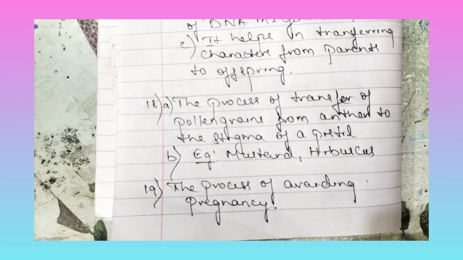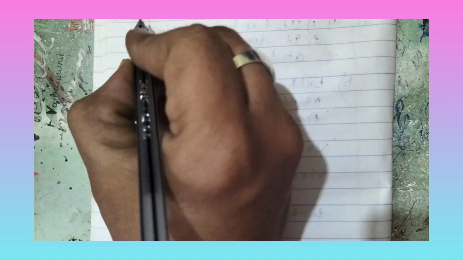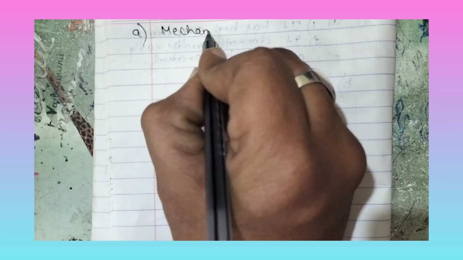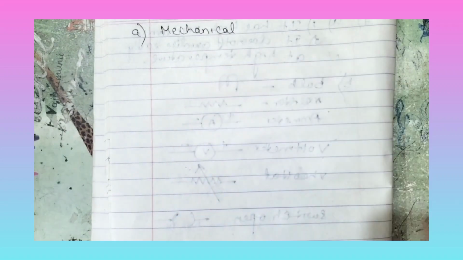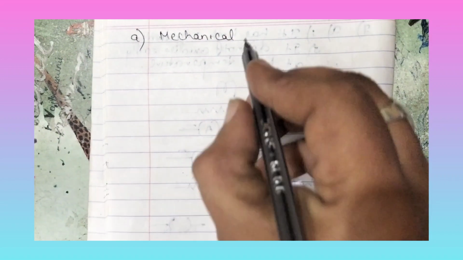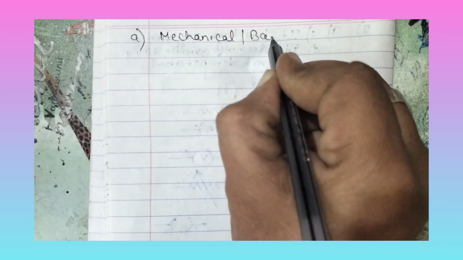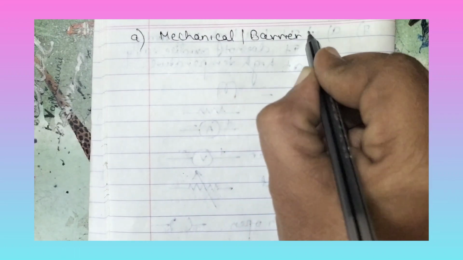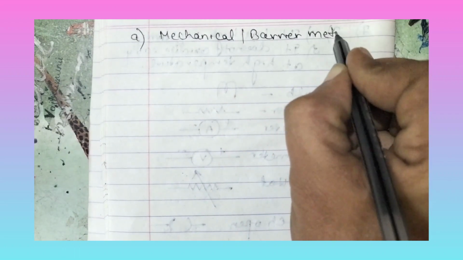Now let us make a list of methods of contraception. The first one is called the mechanical method, or it is also called the barrier method. The second one is called the chemical method.